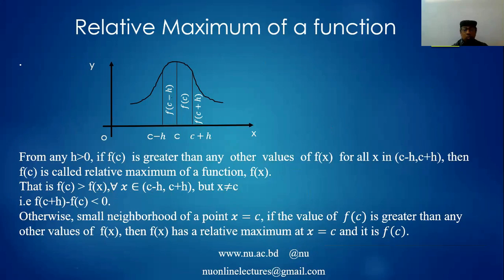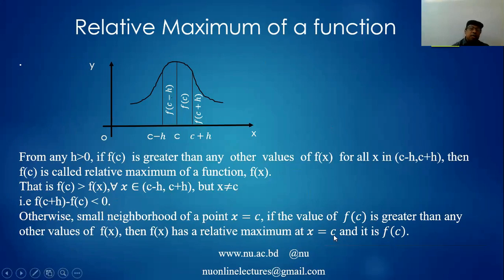When we write the statement, we must remember that x is not equal to c. So after writing this, that is f of c plus h minus f of c is less than 0. Otherwise, in a small neighborhood of the point x equal to c, if the value of f of c is greater than any other values of f of x, then f of x has a relative maximum at x equal to c, and it is f of c.